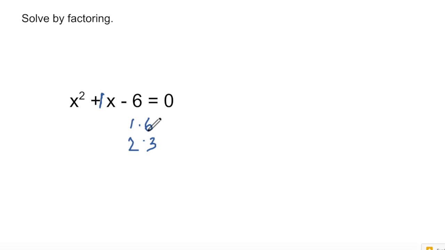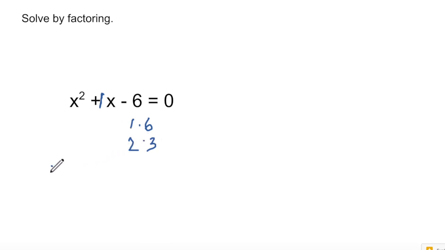So let's see. If we have a positive 6 and a negative 1, that would give us a positive 5. That doesn't work. If we have negative 2 and a positive 3, that works, doesn't it? Positive 3 and negative 2. So it's really kind of trial and error to figure out which pair of these we can use and which one has to be positive and which one negative.